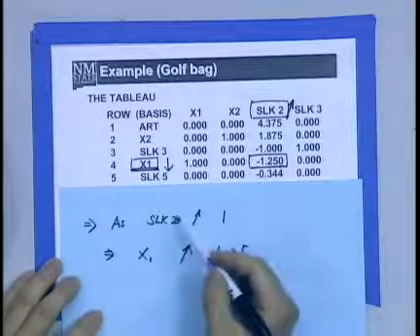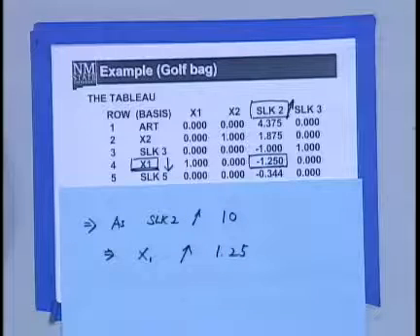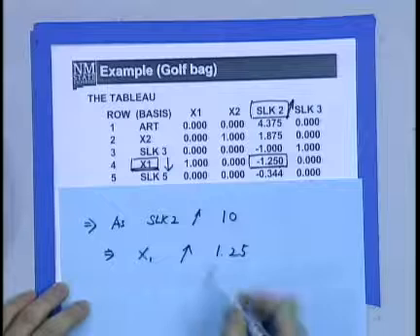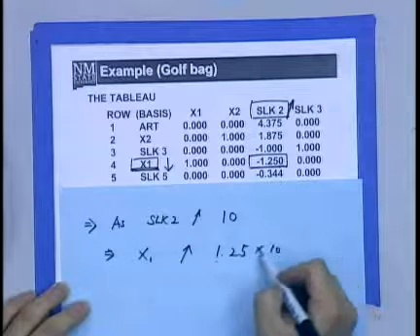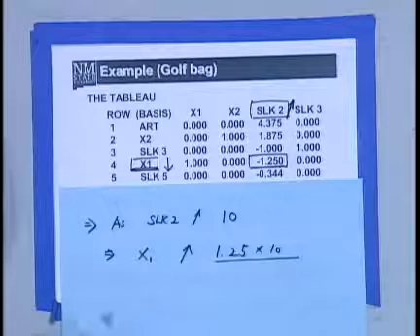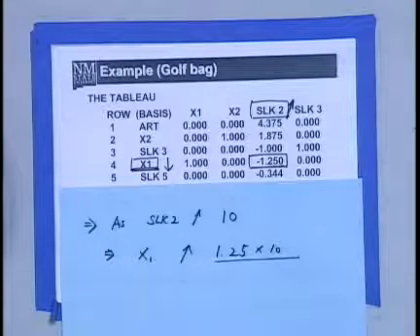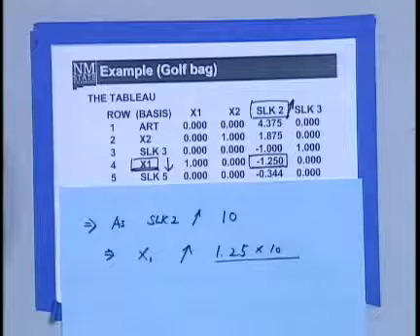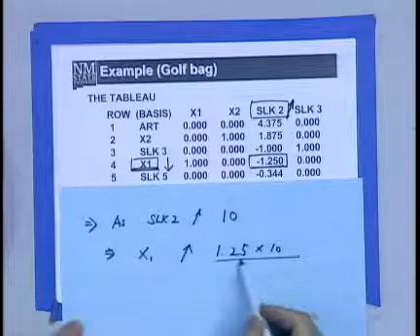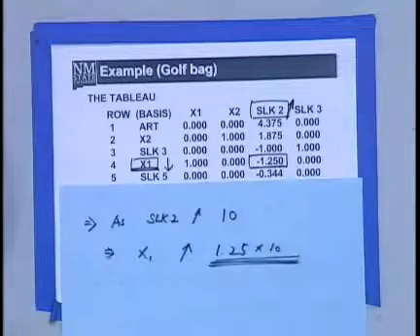So, if slack 2 increases by 10 units, then the basic variable x1 will increase by 10 times 1.25. Is that right? So, if slack 2 will increase by 10, then x1 would increase by 12.5 standard golf bags, right?